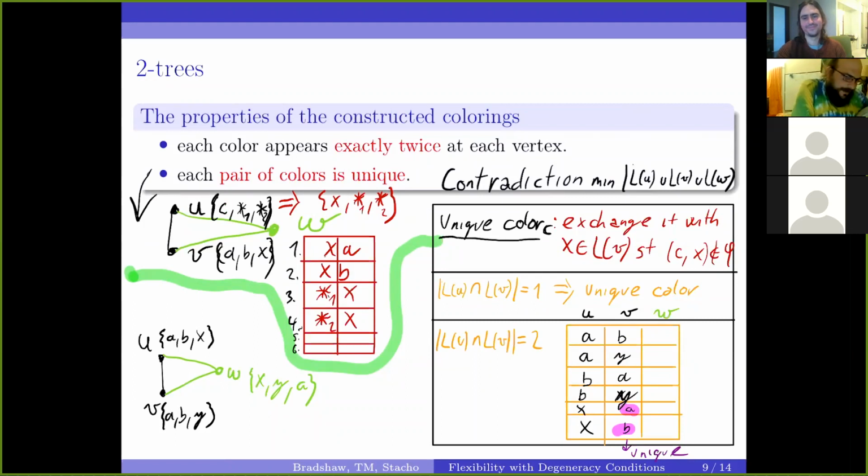So we can proceed by contradiction and minimal counterexample argument, and we will be minimizing the size of the union of lists for U, V, and W. And let's first rule out the possibility that one of the lists has a unique color.